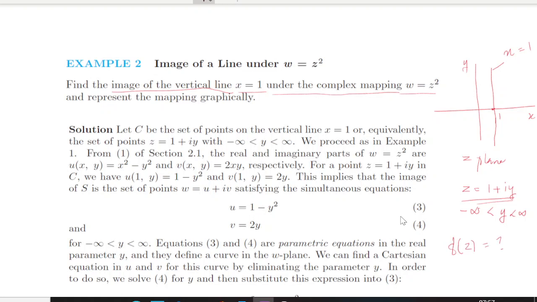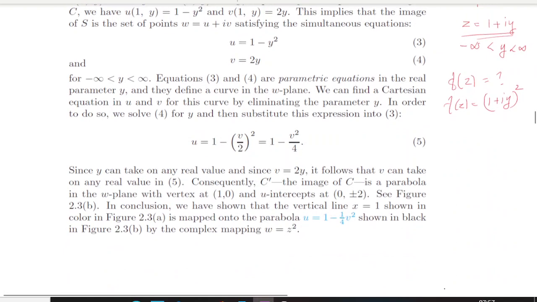By definition it is given as z square. So f of z equals 1 plus iy whole square, and when you square it you get 1 minus y square plus i into 2y.